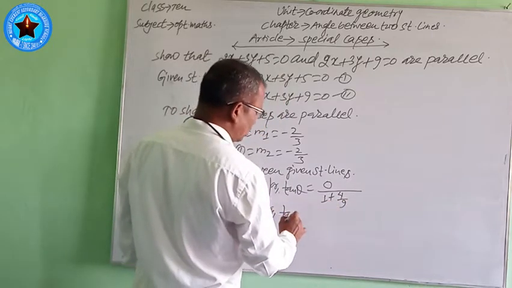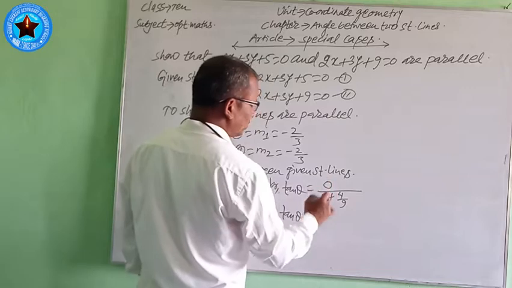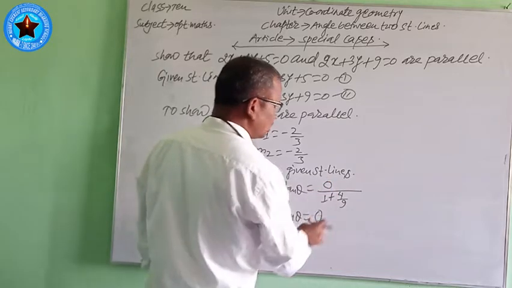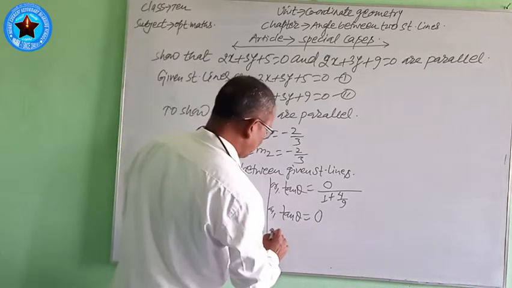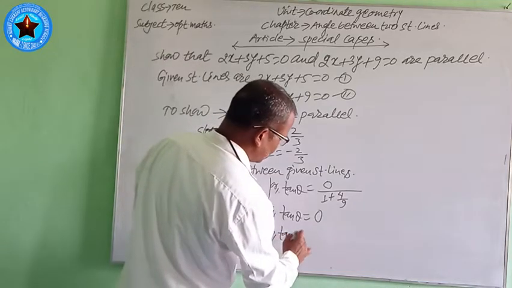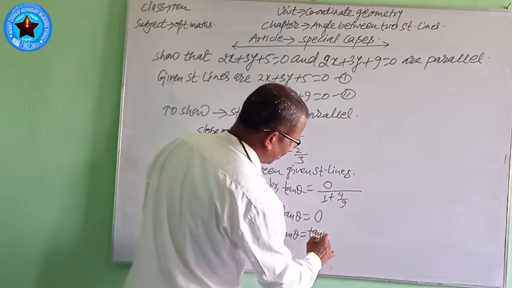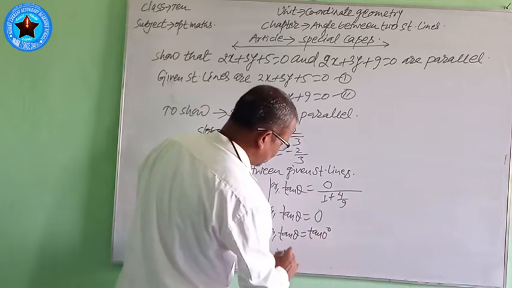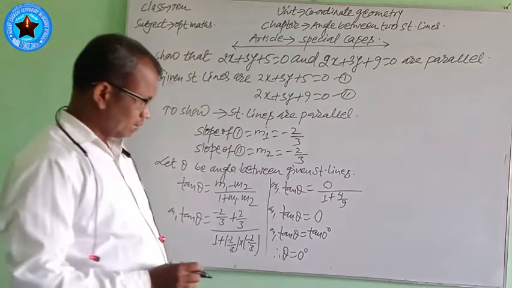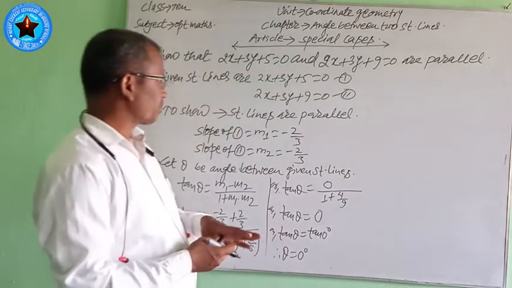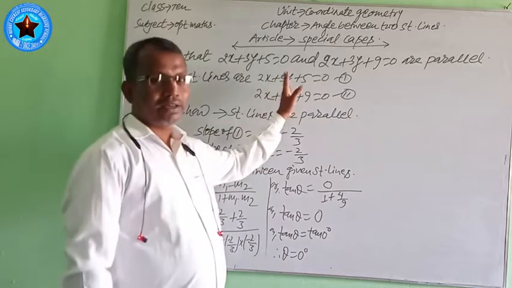Since the numerator is 0, therefore it will be 0 finally. And you know tan 0 degree gives 0, so theta equals 0 degree. It means these two straight lines are parallel.